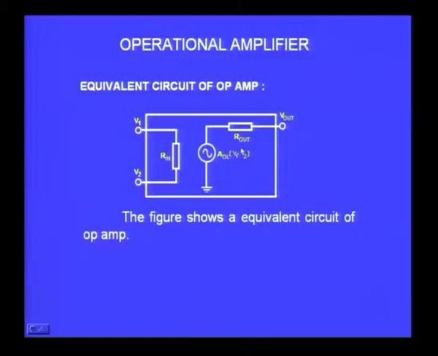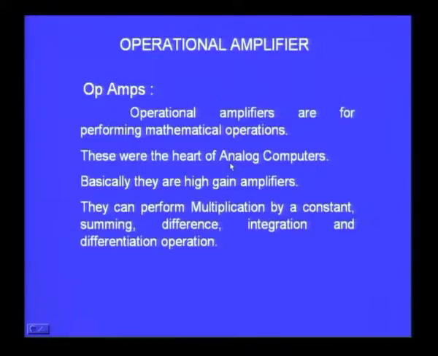It is the V1 minus V2 which matters, and that is multiplied by a gain factor AOL, gain open loop, and that becomes a voltage source for the output side, and you have a small resistor in series which is called the output resistance. So this is a very simple diagram, or the equivalent circuit of an operational amplifier, when you want to analyze the various configurations of the op amp with the external resistors, capacitors etc.